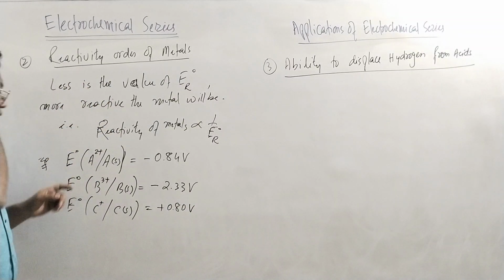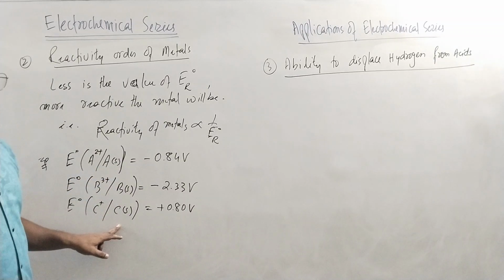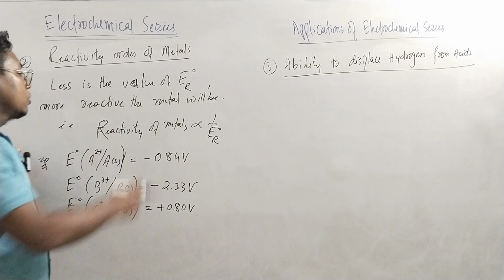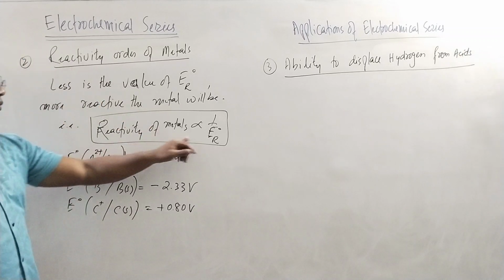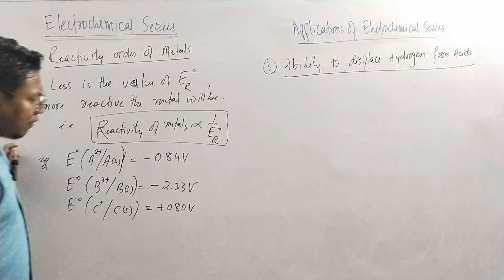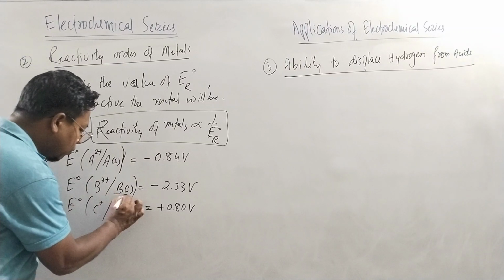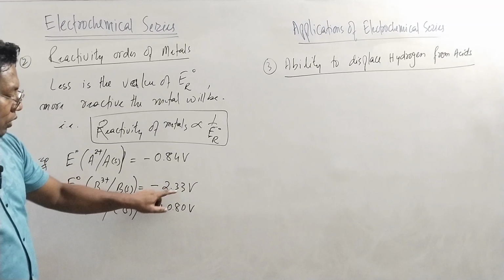So we can arrange these three metals A, B, C in order of their reactivity. Using this point, reactivity of metals is inversely proportional to E naught R value. So E naught R value is minimum for what? B solid. This is minus 2.33 volt.